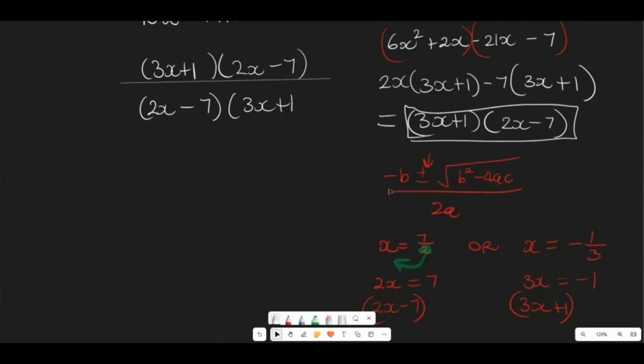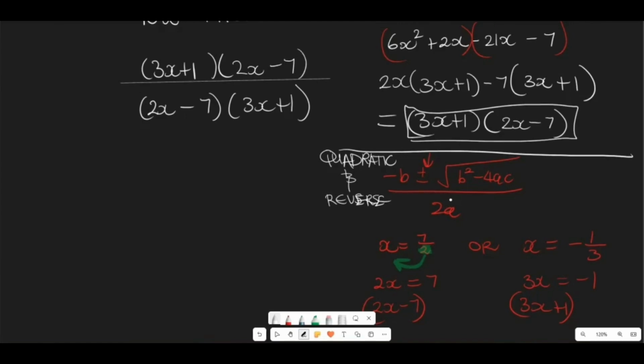So I got to the 7/2 by using the quadratic method. So we said for the numerator, we will use the grouping method, and for the denominator, we will use the quadratic and reverse method, so that you guys can just choose which method is best for you.